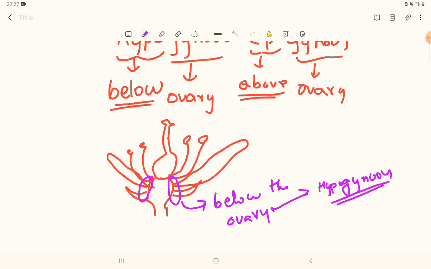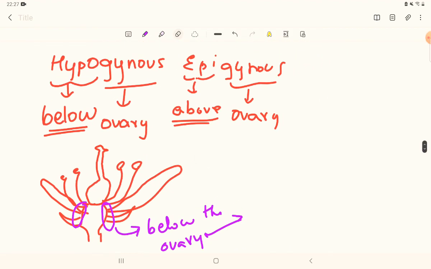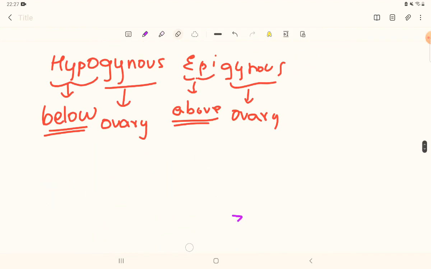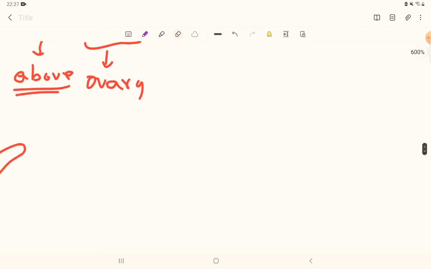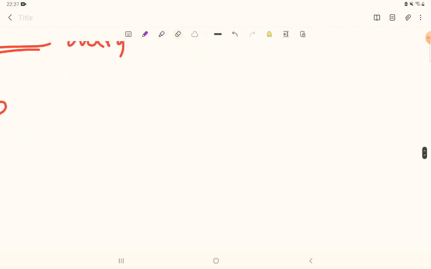Okay, the same is applicable for the epigynous. So I'll draw the diagram here. So thalamus, okay, this is thalamus, this is ovary.